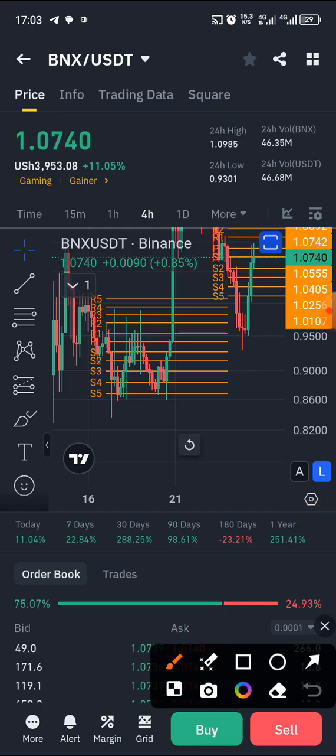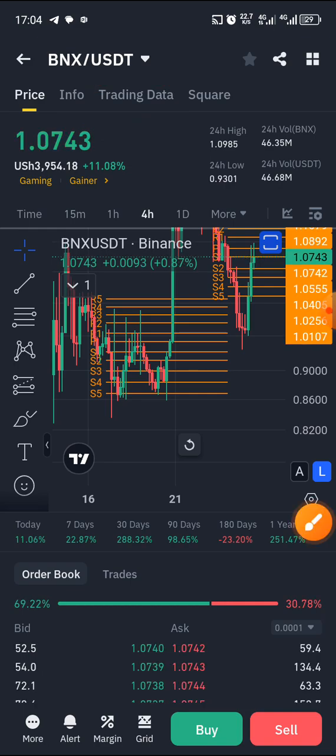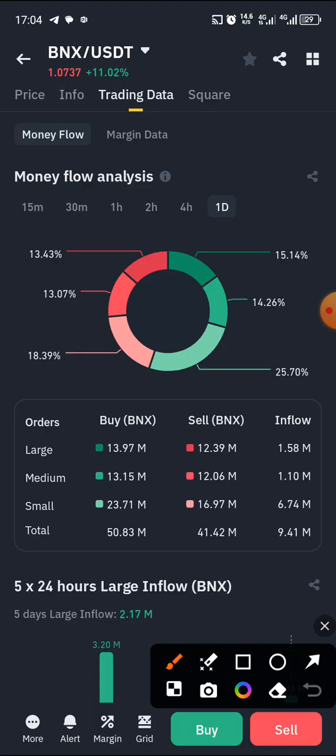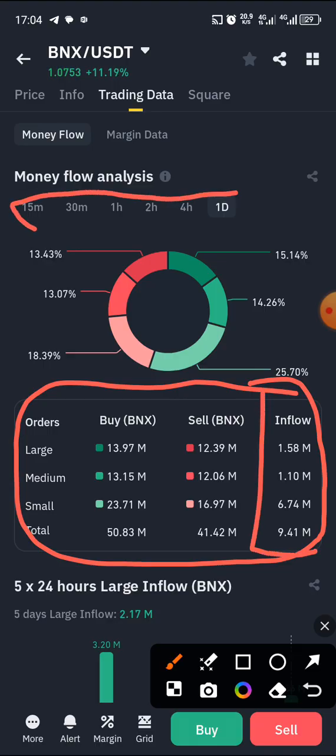And when you come here on trading data, you want to see, is it good to buy now or to wait for a retracement? You click on trading data, then pay closer attention here, most especially the inflow and the time frame. What does it show you?